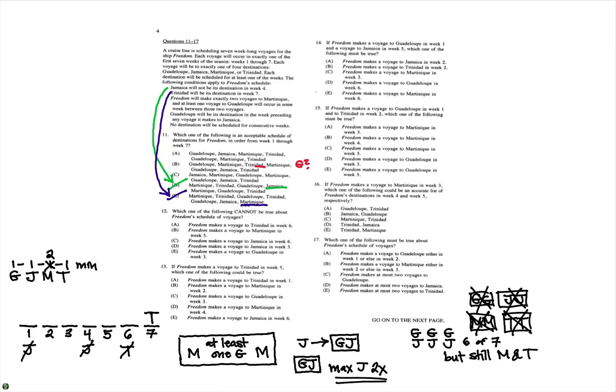So B violates the 3rd rule, and B would be eliminated. C has 2 trips to Martinique with a trip to Guadeloupe between it, so C is fine.